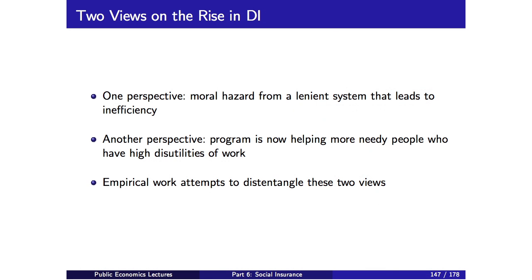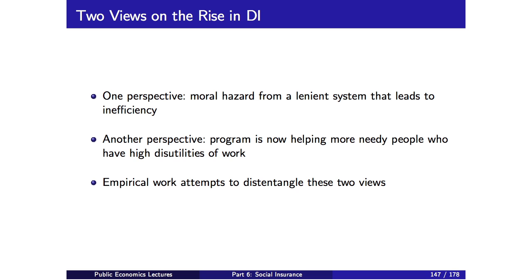Okay, so there are two views on the rise in DI. The first, which is I think what people thought, especially traditionally, is that this is basically moral hazard from a lenient system that's leading to inefficiency. A bunch of people could be working, and maybe they should be working, but they're not because their incentives are distorted. But a different perspective, exactly as you said, is that you had several people who had to work in order to make a living.